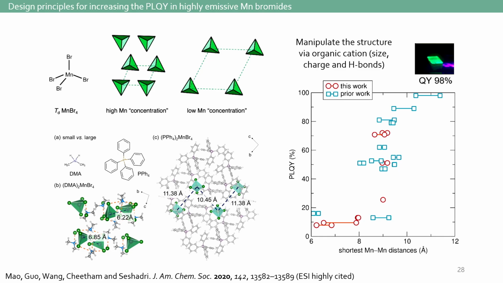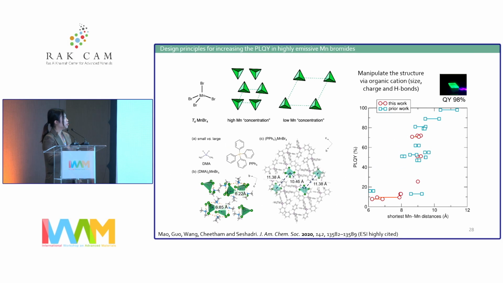It's also easy to get these isolated tetrahedra just by changing the organic part. You can choose either a really small cation or a very large one, which flexibly changes the distance between the manganese centers.